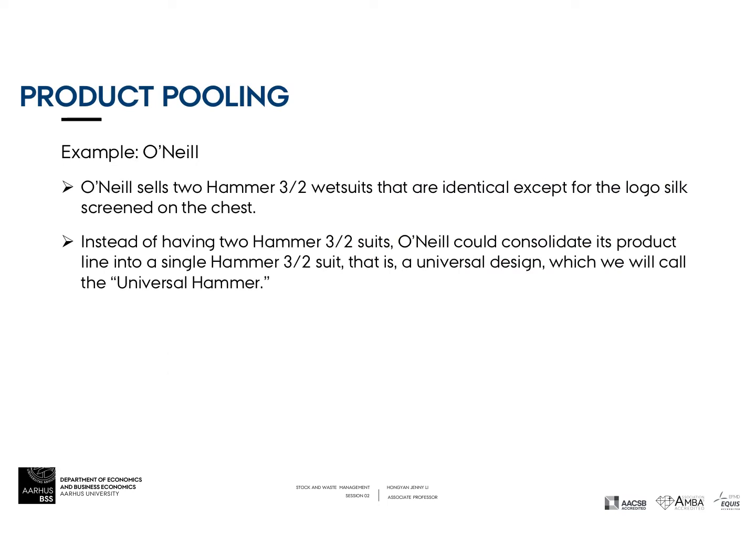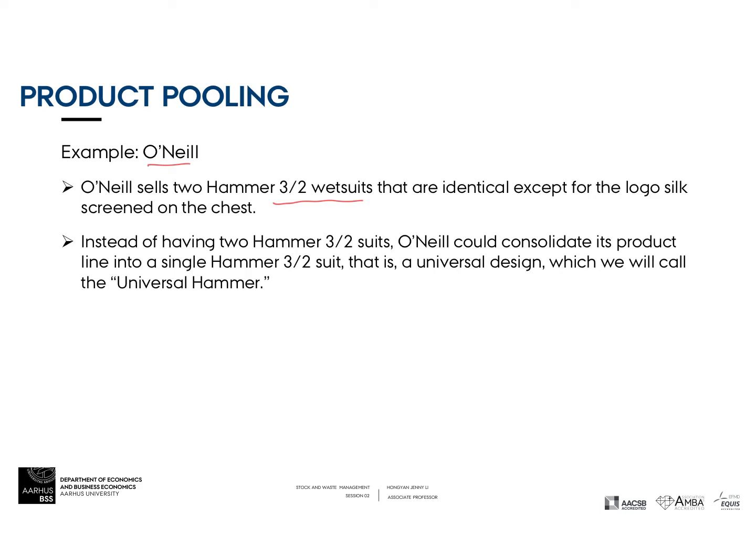Now let's see a second option for pooling: product pooling. We use the newsvendor example. This is the O'Neill example. Assume the company sells two wetsuits that are identical except for the logo silk-screened on the chest, so it's basically a cosmetic difference.